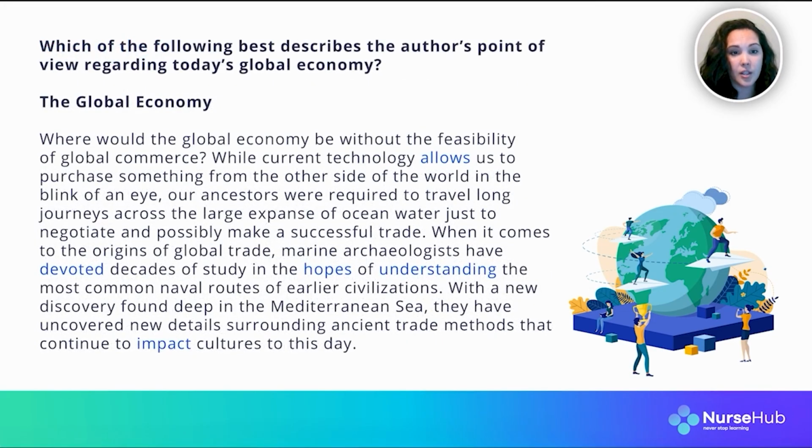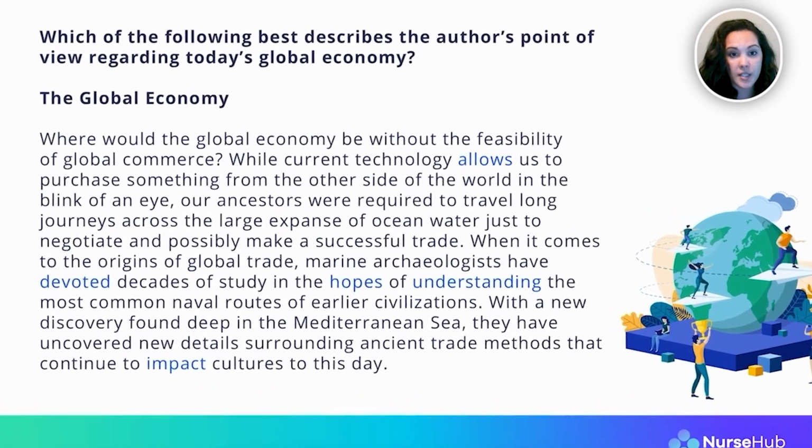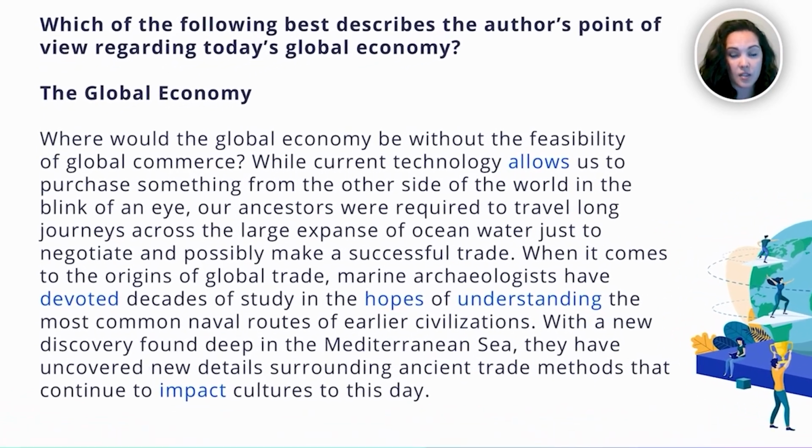So let's go ahead and take a look at this paragraph broken down a little bit more. I'm going to zoom in on the word choice here so that we can really understand the tone and the point of view of the author. So I see the word allows, devoted, hopes, understanding, and impact. Remember, authors use specific words for specific reasons.